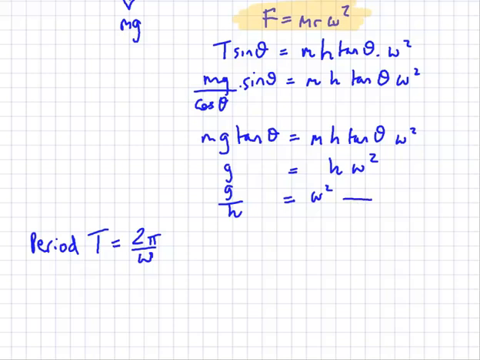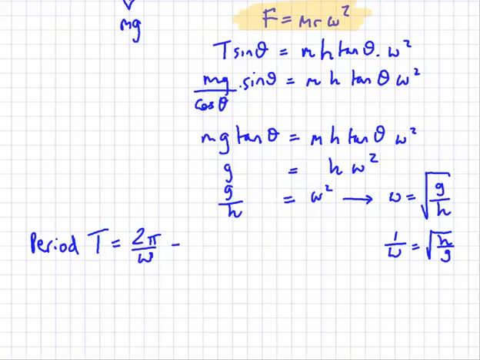Now, if I do that, I have to appreciate that omega is the square root of g over h. So 1 over omega will be the reciprocal of that square root.